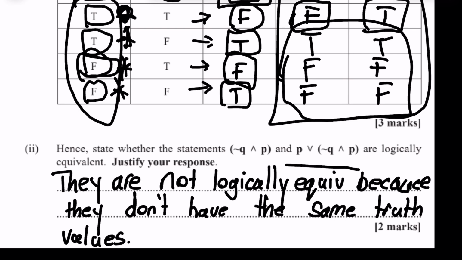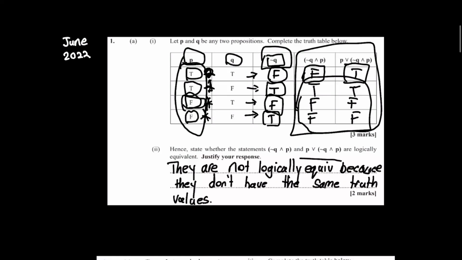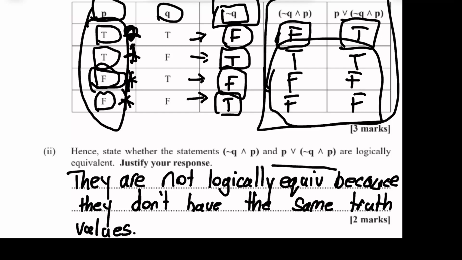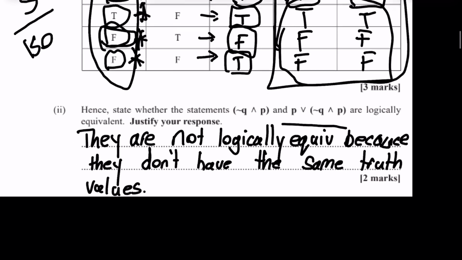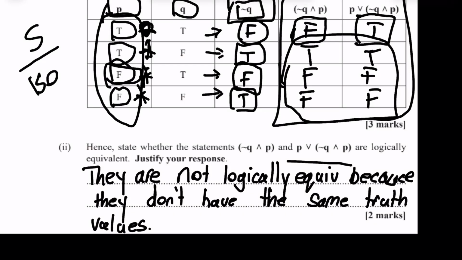Okay, and that's all it is. And you just got 5 marks on your pure math exam. That's 5 marks out of 150. For your sake, I hope you get a lot more than that. But yeah, that's free 5 marks, so you don't have to do anything for that. You just have to know this very basic stuff, and it's pretty easy.